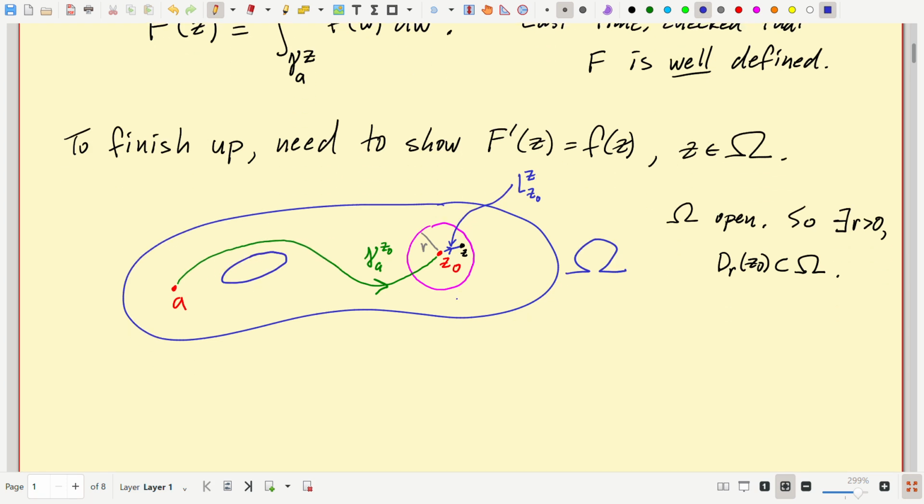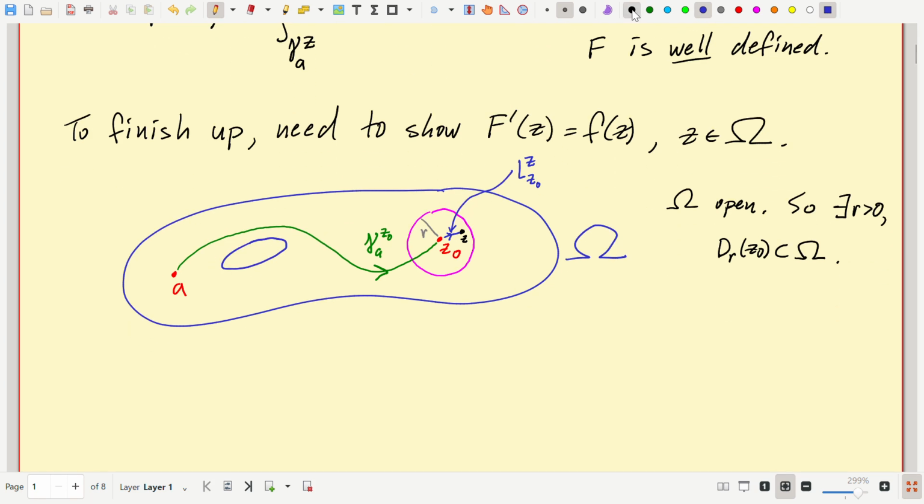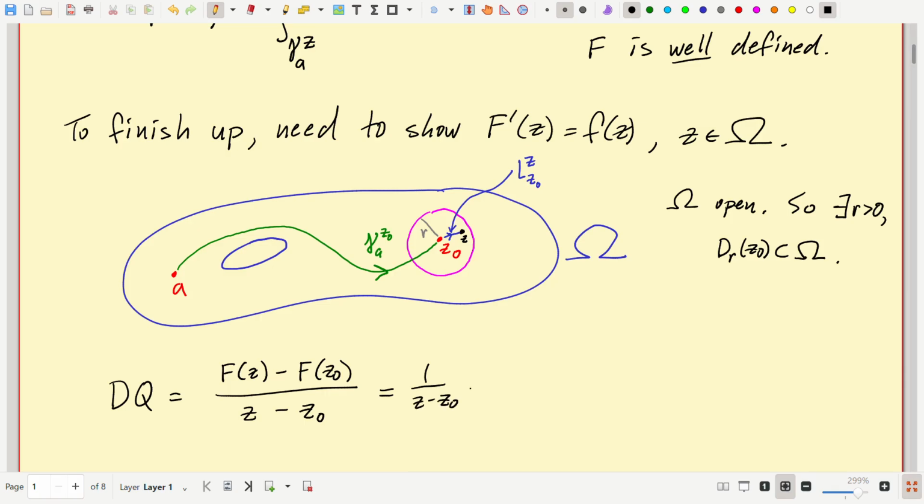Okay, and so I'm going to take the difference quotient here. The difference quotient would be F of z minus F of z naught over z minus z naught. That's going to be 1 over z minus z naught, times: F of z is the integral from A to z naught, followed by the integral along the straight line from z naught to z.